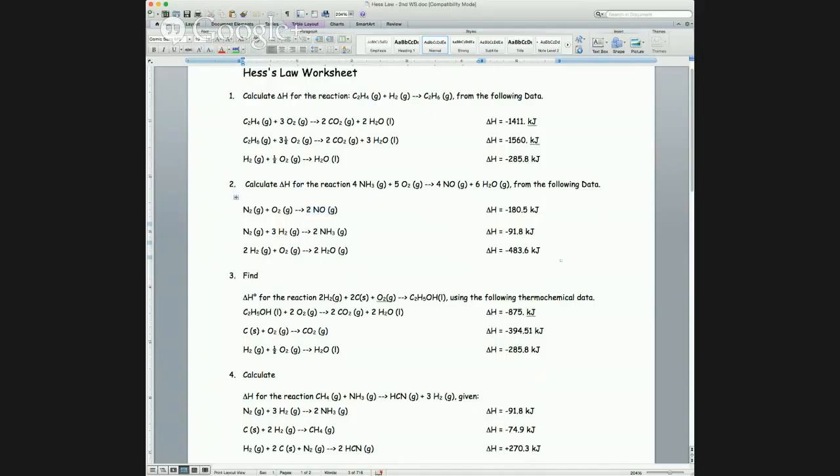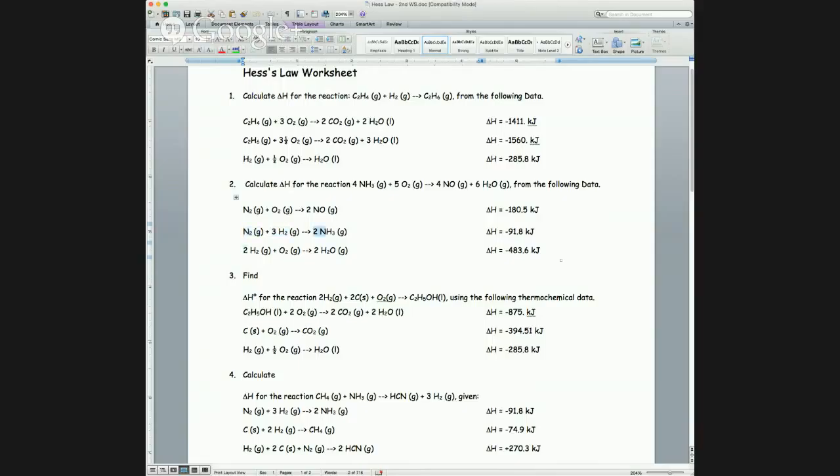I've got NO here, and in the final reaction, it's also on the product side, but there's 4 of them, and there's only 2 here. So I'm going to leave this reaction as it is, but I am going to double this one times 2, which means this delta H is also going to be multiplied times 2. So you're going to get negative 361. And then the second reaction, the N2 we already talked about, the H2 is right down here, the NH3 is right there.